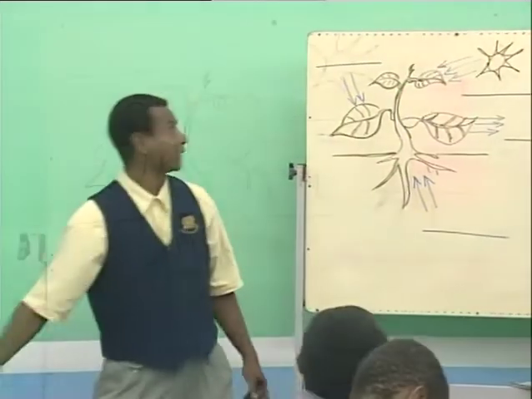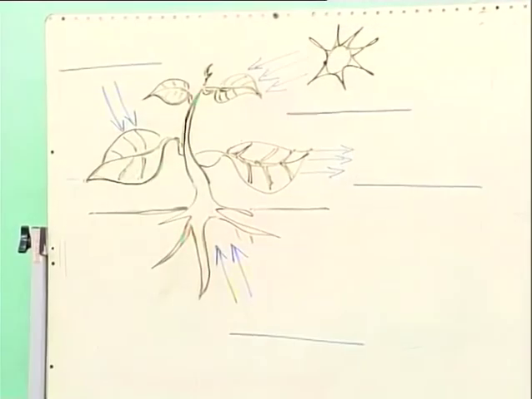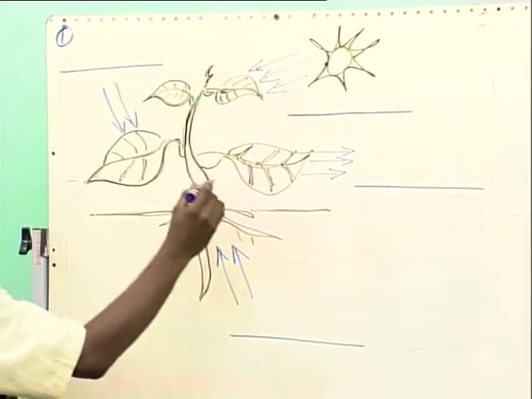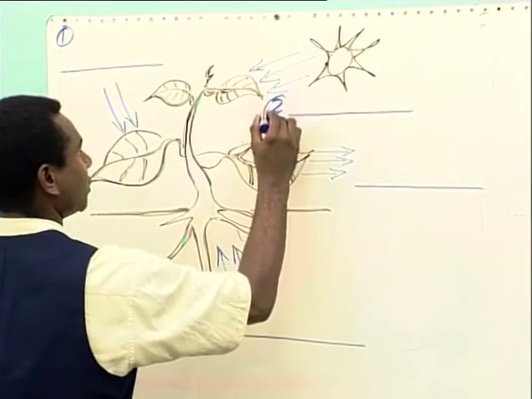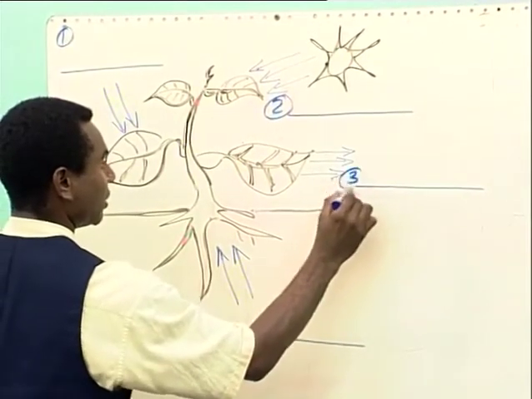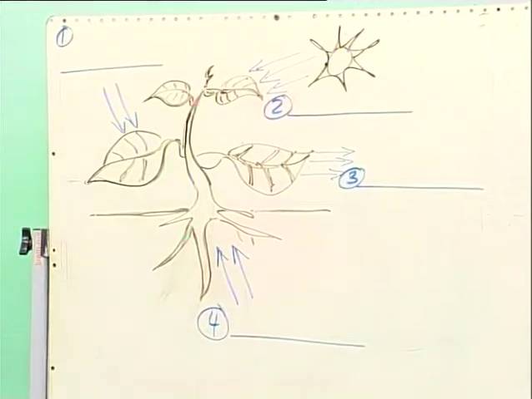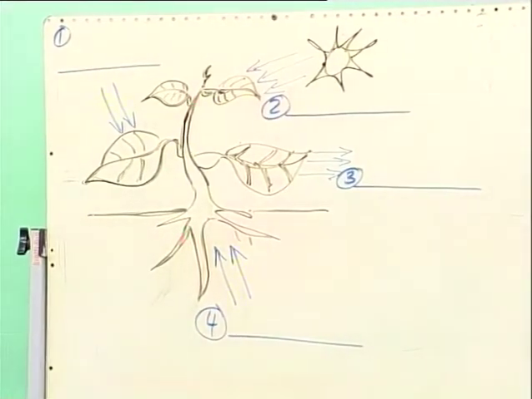We'll have the first answer. Let's have 1, 2, 3, 4. Tara, number 1.